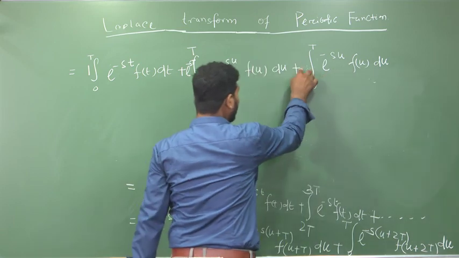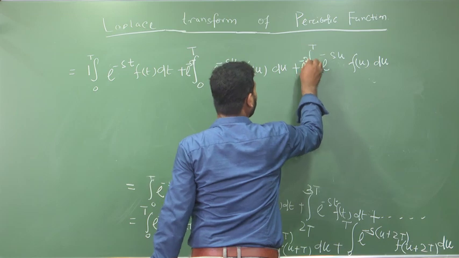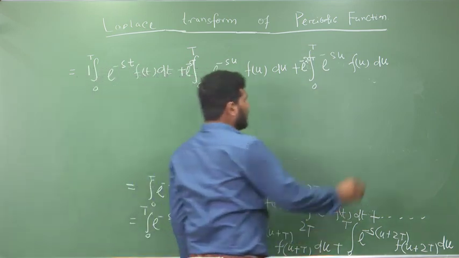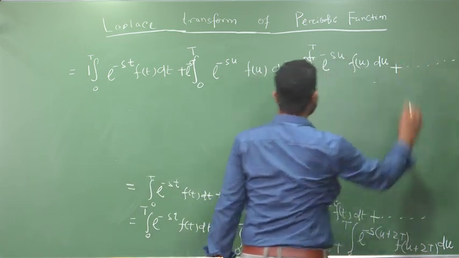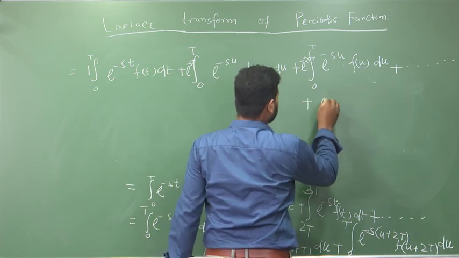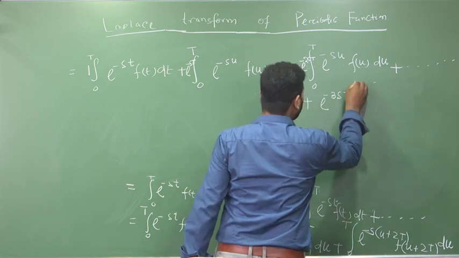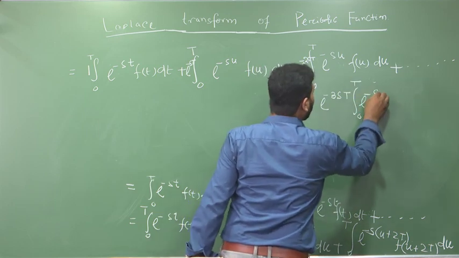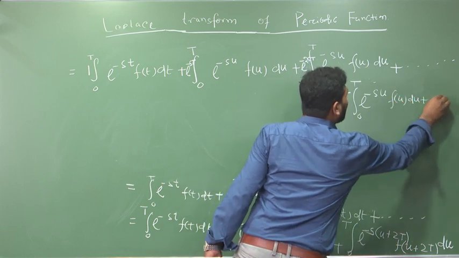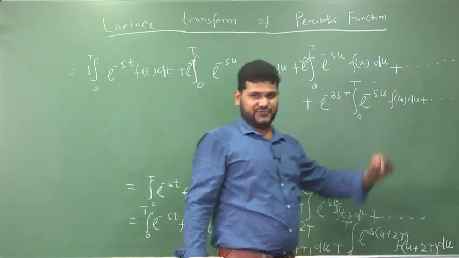So what will be here? e power minus 2sT. Okay, plus I have this kind of continuation. Can I write another term? Just another term: e power minus 3sT, 0 to T e power minus su f of u du, plus this will continue up to infinity.